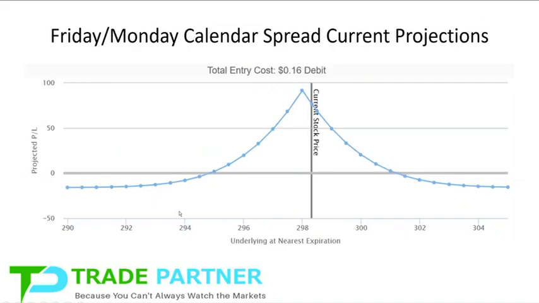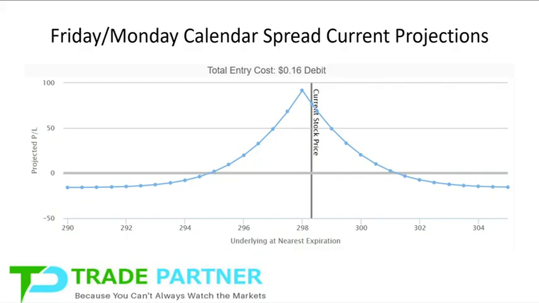If you look at the risk projection graph of a calendar spread, and specifically I'm going to look at Friday, Monday for today's example, because this is an example of why an option insanity opportunity, as of right now, does not exist. It may change tomorrow, but right now it doesn't exist, because there is no gap yet between the Friday, Monday option prices.